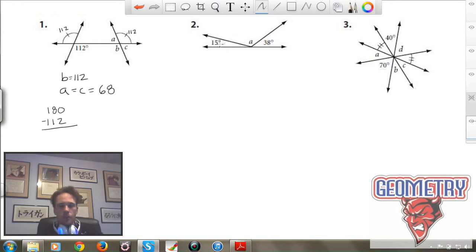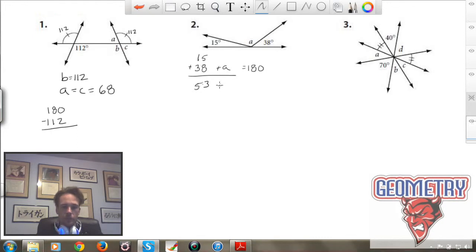For number 2, we notice that there's this straight angle here. So these three angles all added together have to add up to be 180. So 15 plus 38 plus A all has to equal 180. So let's do 15 plus 38 first.